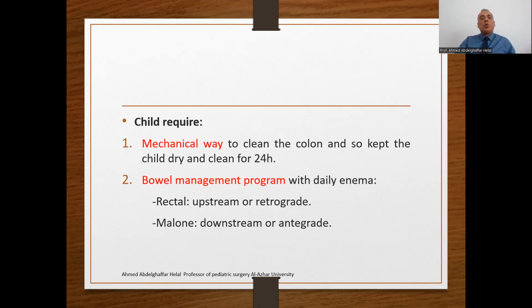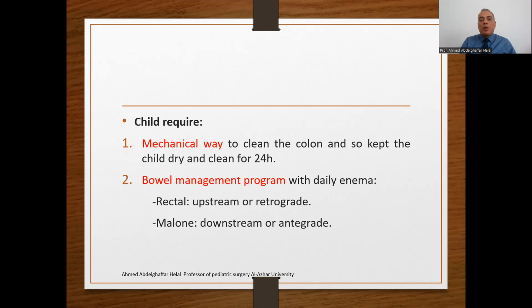This enema will wash the stool from the colon and keep the colon clean for 24 hours until the next enema. So the child will use an enema every night or every morning as he prefers. It may be used in the early morning to wash the whole colon of stool and leave the child clean and dry for 24 hours without any odors. And then the next morning, he performs a second enema.